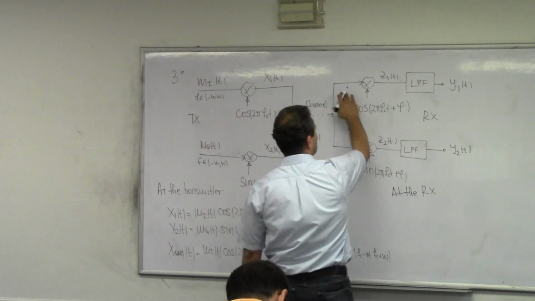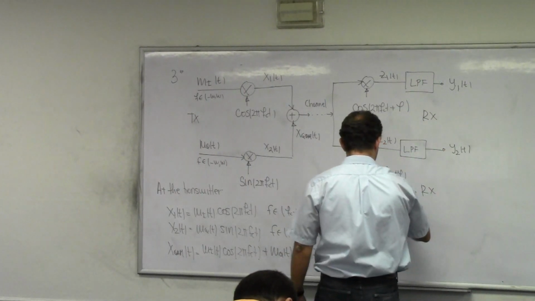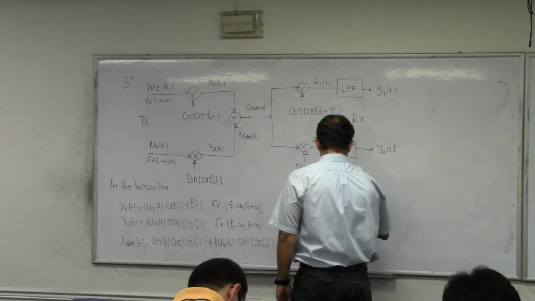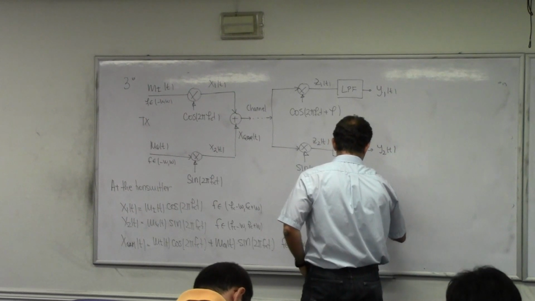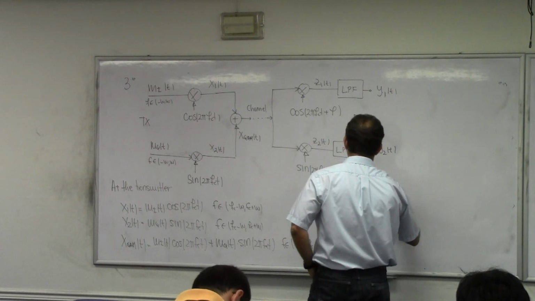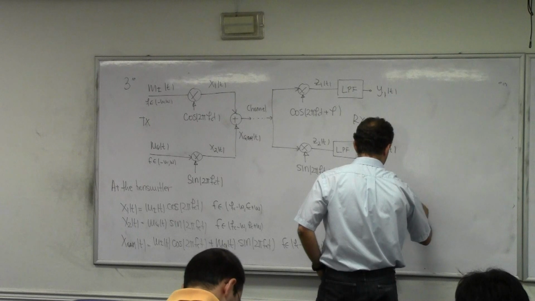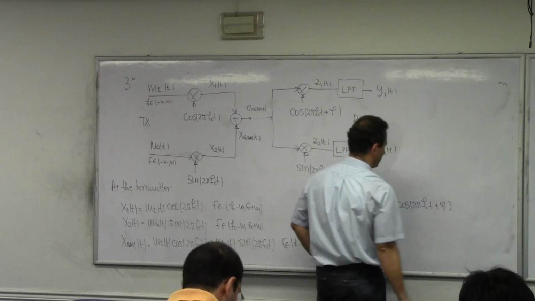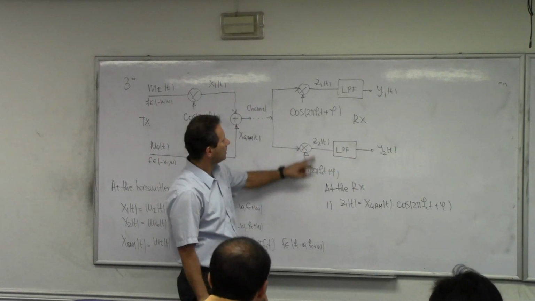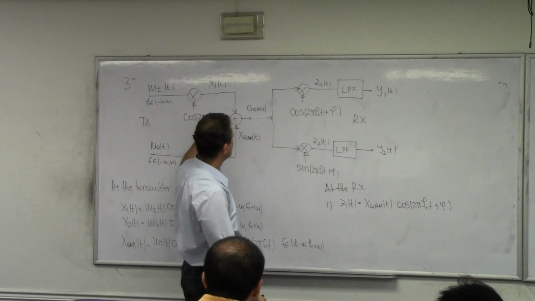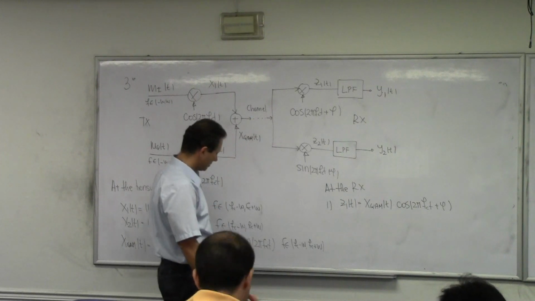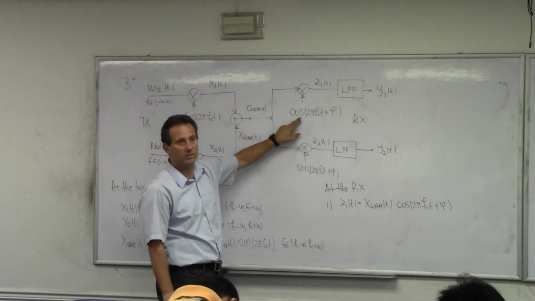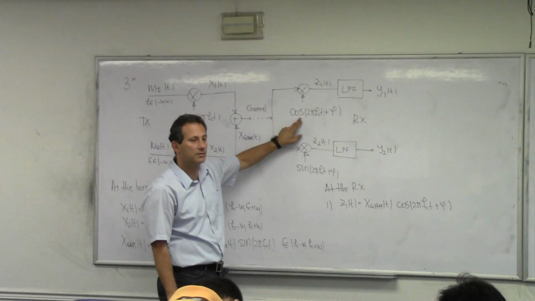And let me first work out this branch, first branch. So Z1 of t is going to be your x1 of t times cosine of 2 pi fct plus the angle phi. Right? So what is happening here? This signal is whatever comes this way, which is this signal here, multiplied by the local oscillator, which is cosine 2 pi fct plus phi.